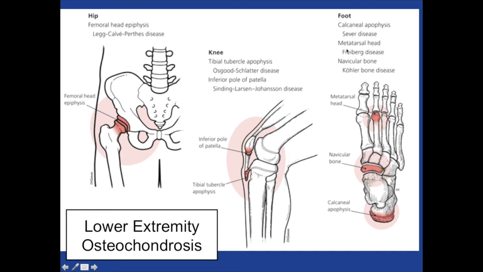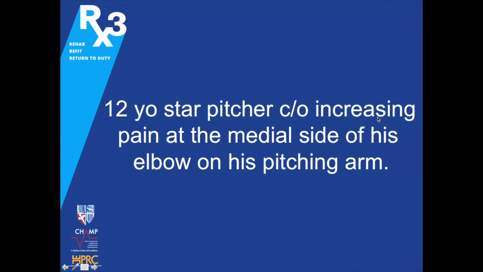And the heel and the foot can have quite a few osteochondroses. One of the more common ones is Sever's disease, which is a calcaneal epiphysis. And then there is one in the navicular bone, and then one in the second metatarsal head. But the important salient feature is any place that there's a secondary ossification center can be a site of an osteochondrosis, and it's important to keep those in mind.